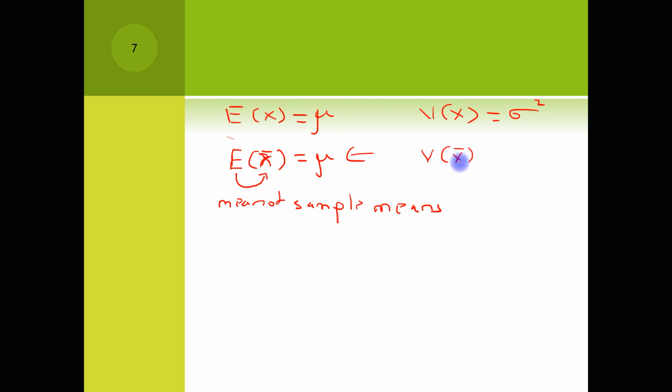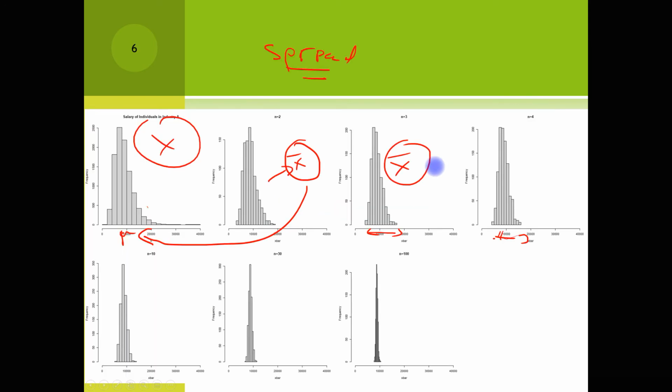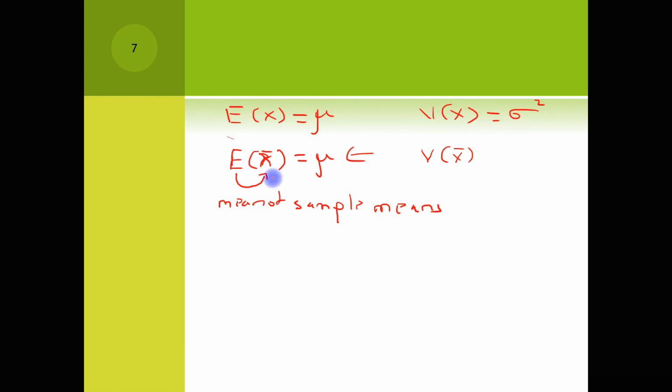What is happening to the variance of x bar? The variation in these different x bars is decreasing when the sample size is increasing. Look at the relationship here: the variance of x bar can be defined as sigma squared over n.